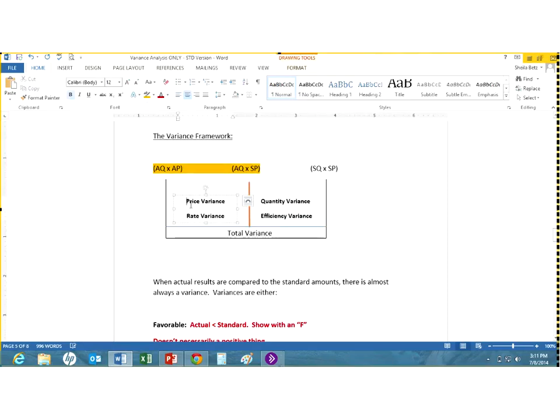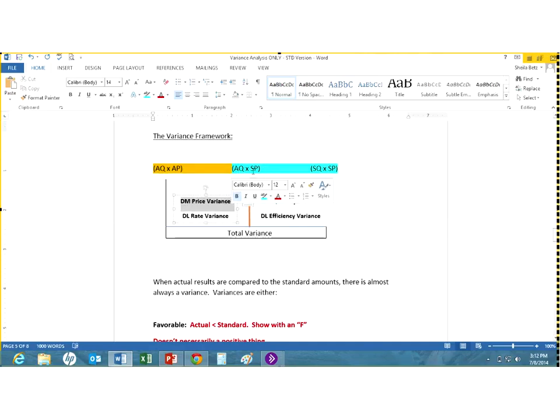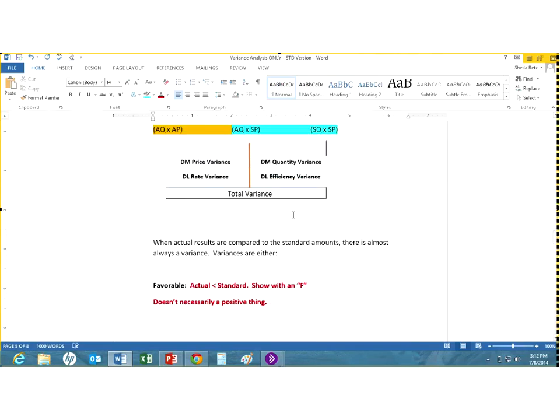So this would give us the direct material price variance, and this would give us the direct labor rate variance, while these 2 formulas will give us the direct material quantity variance and the direct labor efficiency variance. So really you just have to memorize these 3 items and know that this times this gives us these 2 variances, while this times this gives us these 2.